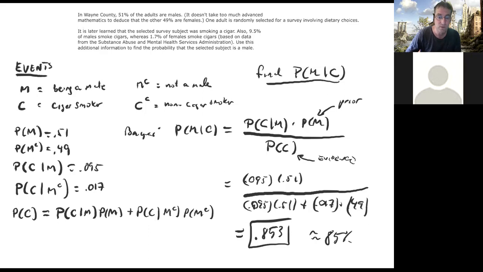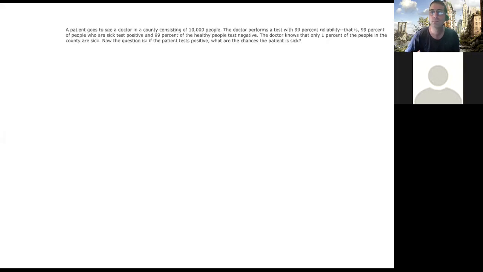So let's move on to another problem. This problem I took out of a magazine called Scientific American. It goes like this. A patient goes to see a doctor in a county consisting of 10,000 people. The doctor performs a test with 99% reliability.